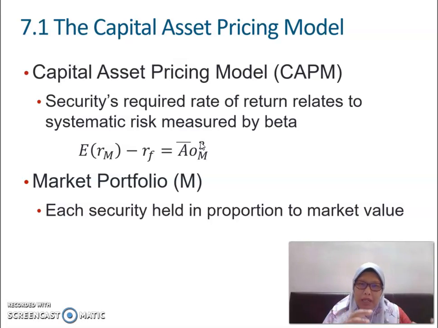So when we talk about market risk, we are talking about systematic risk. So now it is no more variance, rather it is beta.